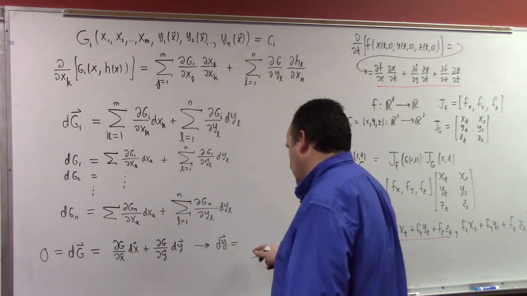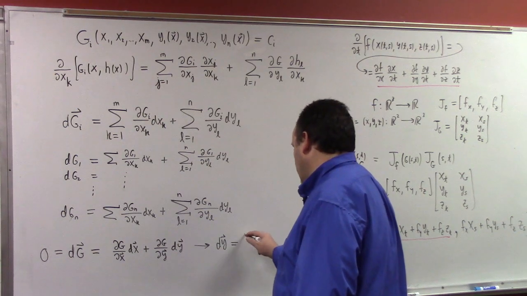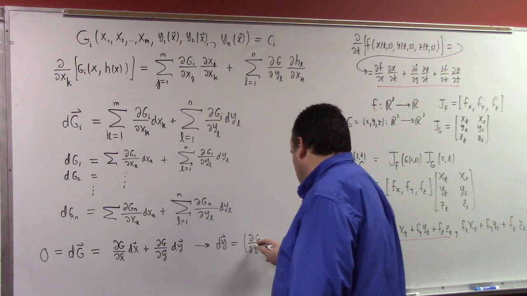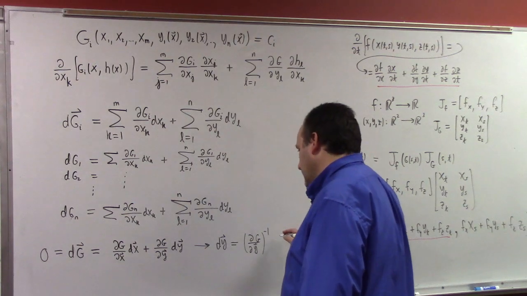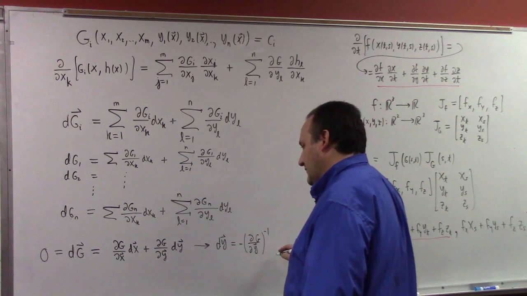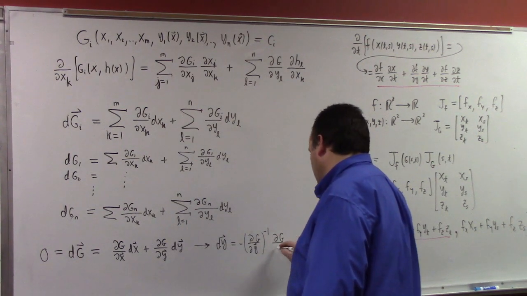And the dy is going to be partial G partial Y inverse, which, by the way, is a square matrix. So this inversion makes sense, at least in principle, if it's invertible. If I tried to invert a rectangular matrix, that would be trickier, right?